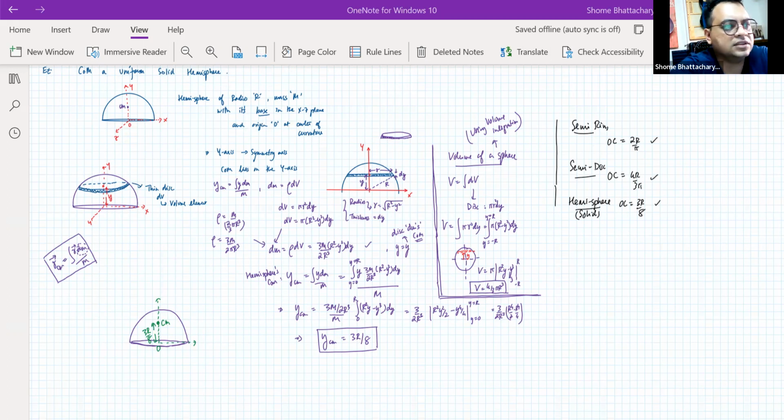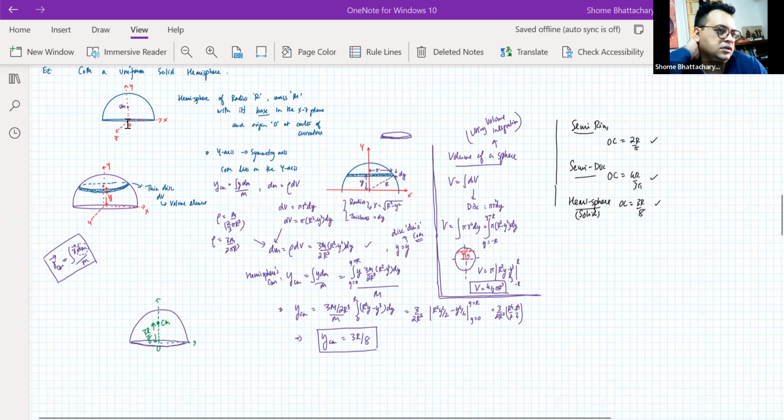Okay, so imagine this is the diagram of a sphere that we have cut in half. Okay, and the center of the original sphere, the center of curvature, is where we have taken our origin. The plane that we have used to cut it in half is your xz plane, right?